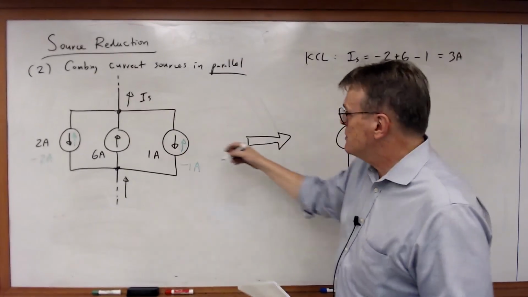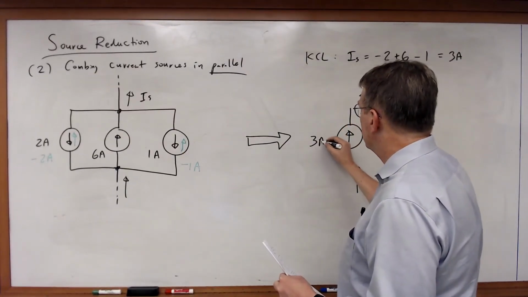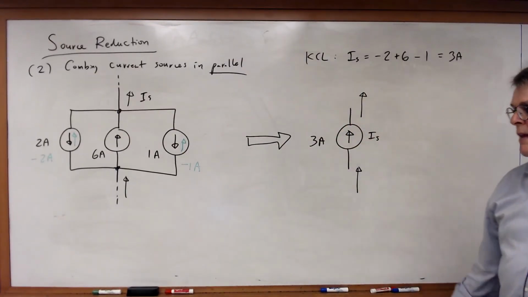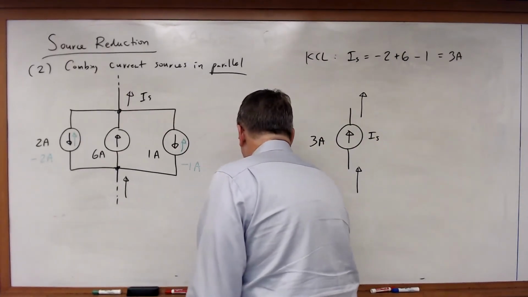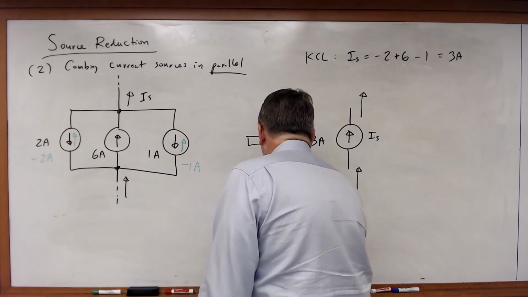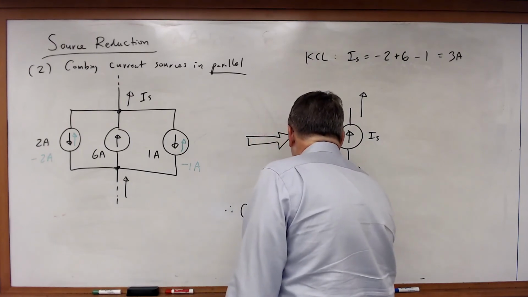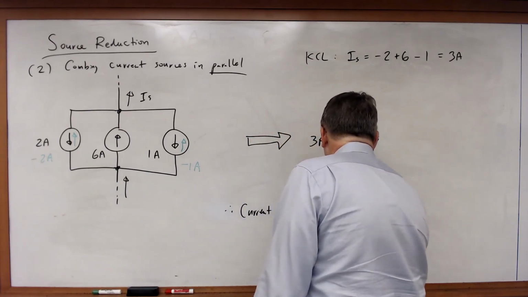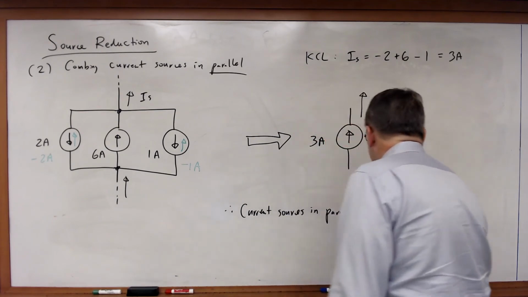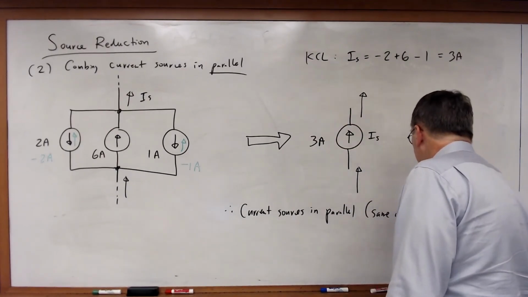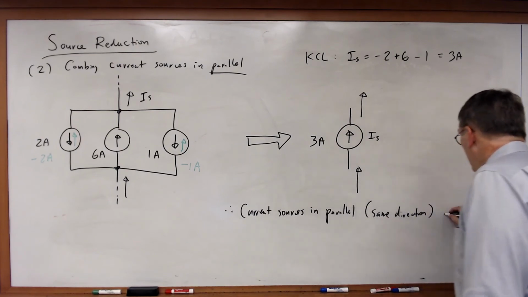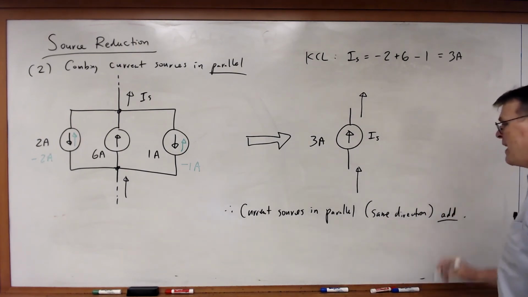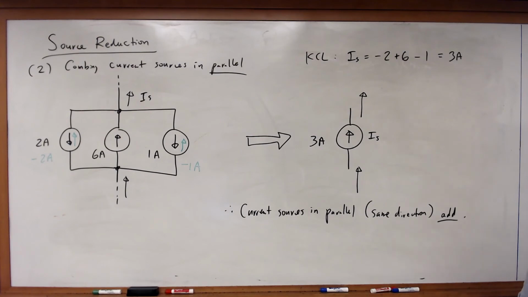And so those combine together into a single 3 amp source. And in this case, current sources in parallel, once again, same direction. If they're connected in the same direction and they're in parallel, once again, they add. The values simply add together.